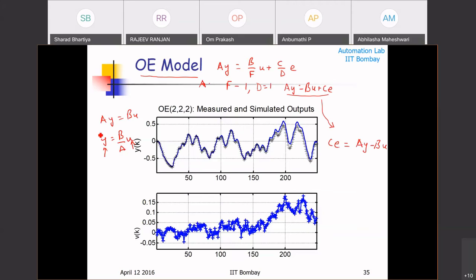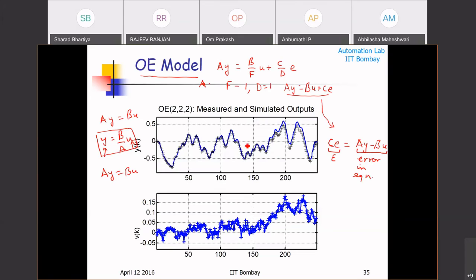So this is the model that I'm really interested in. When I write this as Ay equal to Bu, I see that the difference between Ay minus Bu must be because of noise. And I say that I'm going to model that noise in a particular way. This is known. So this is the error in the equation.